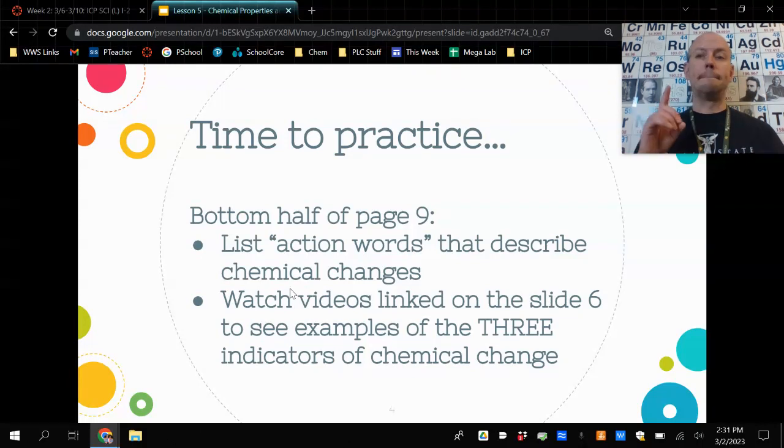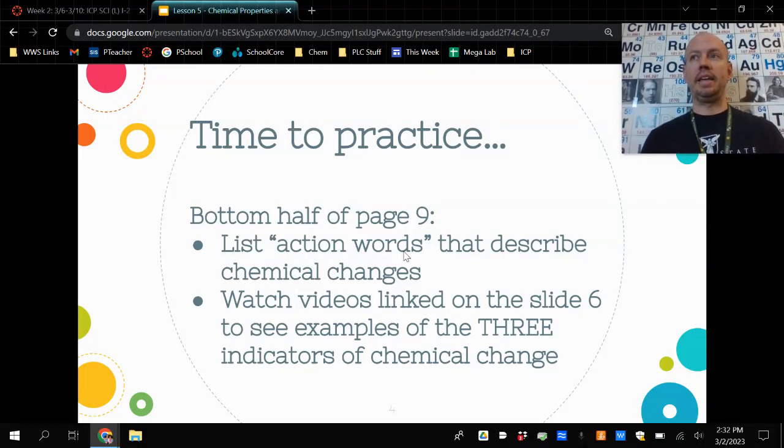So words like burning, combusting, when metal rusts, it's turning into something else. So rusting would be a good one. The bubbling, getting cloudy. Those are all really good verbs that describe chemical changes. But some simpler ones that we see in our everyday life is when we are cooking things.